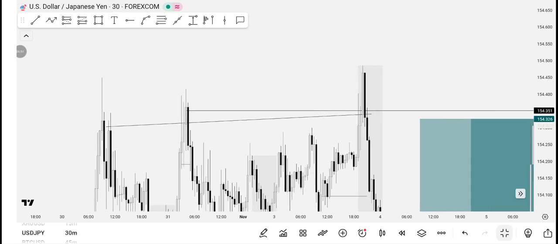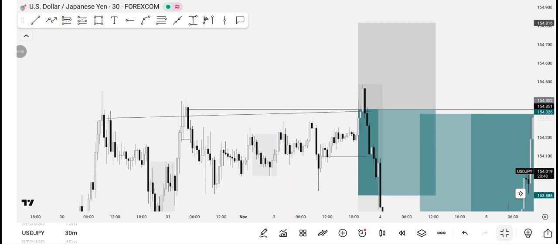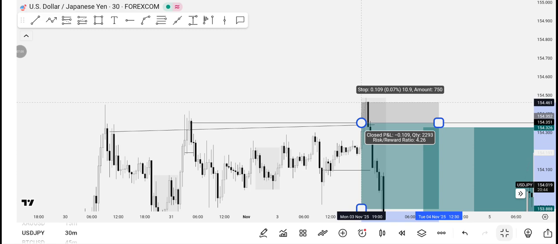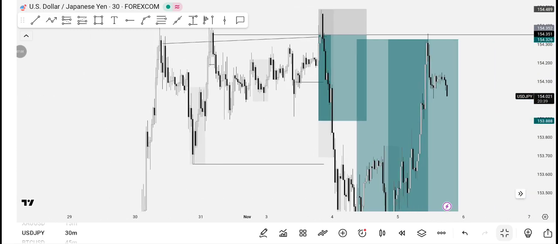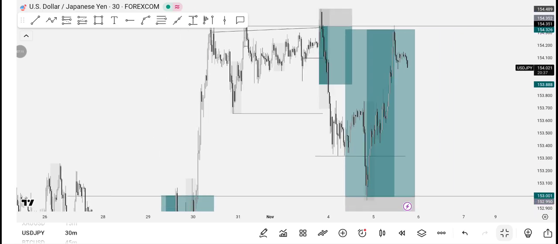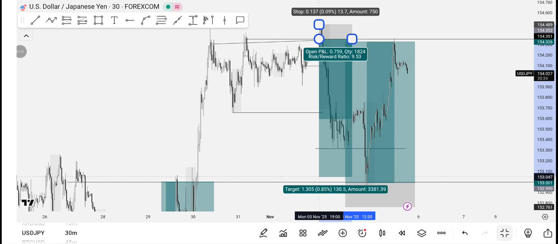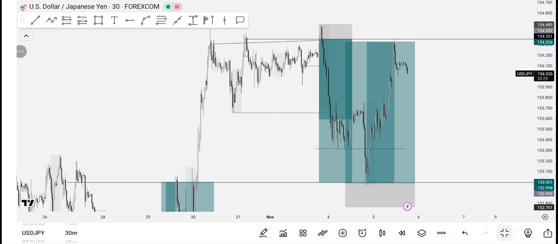Now I took my entry from there. Then my stop loss. Yeah, I took a loss on this trade because of spread. So my take profit area was somewhere at this level because I knew market was going to reach there.